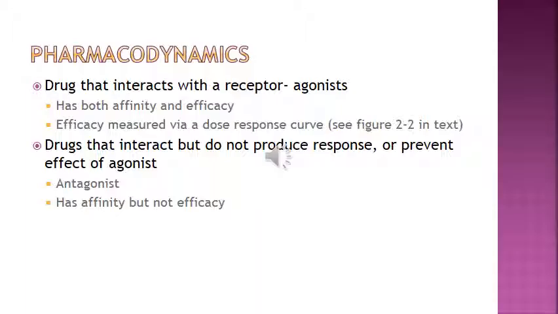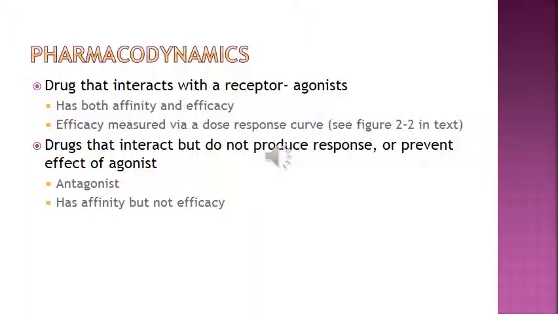Looking further at pharmacodynamics, we have two different types of reactions that could occur. First of all, you have what's called an agonist. An agonist is a drug that, when it's introduced, actually produces a pharmacological response. With an agonist you have the dynamics of both affinity and efficacy.